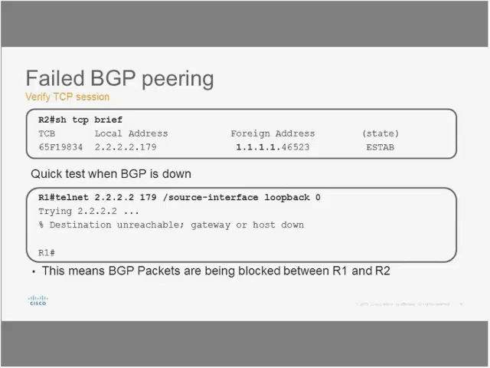What you can do is telnet to the destination interface, or the destination IP, and port number 179. If you are peering using a loopback, do specify the source interface loopback 0 or any other interface for that matter. If your destination is not reachable, that is a problem.